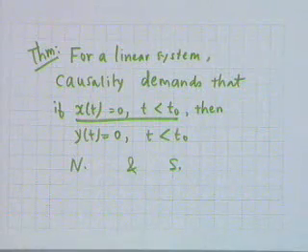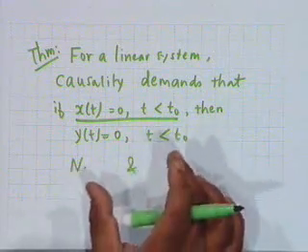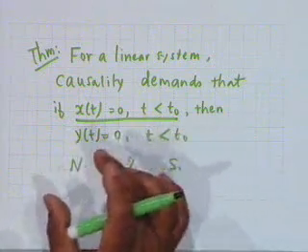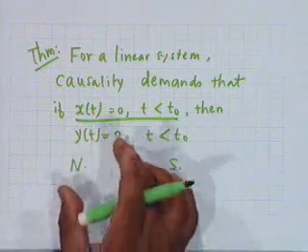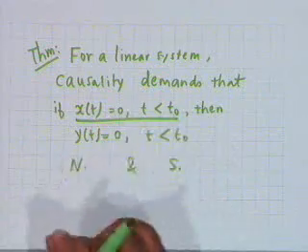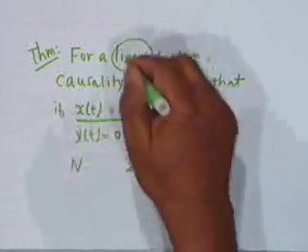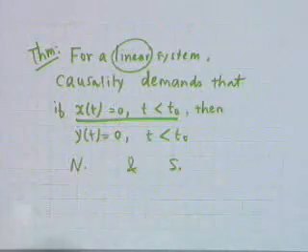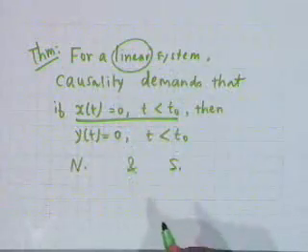It is very simple to show, but this is a simplification of the causality test for a linear system. If the system is not linear, then this theorem is not valid. The emphasis is on linearity. This is true only for a linear system.